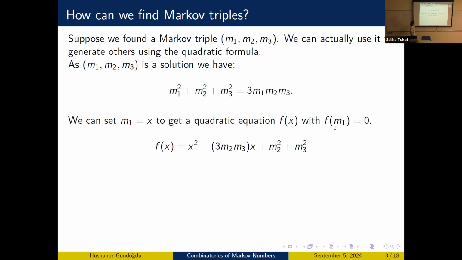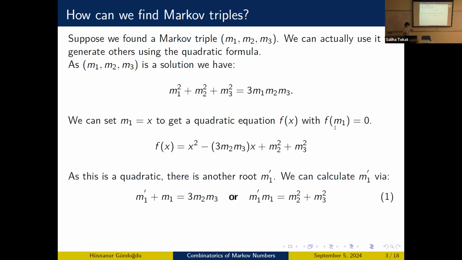And we know that M1 is one of the roots of the equation, and there is another root because the equation is quadratic. Let's call this other root M1 prime. You know that M1 prime, M2, and M3 is a solution triple too.